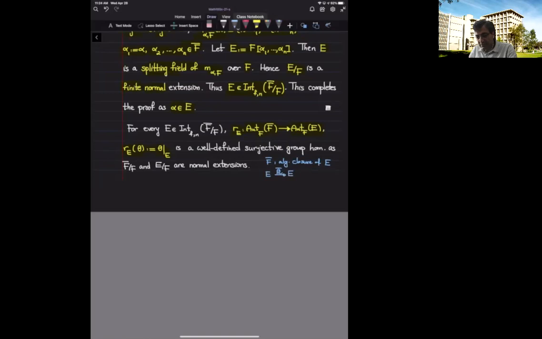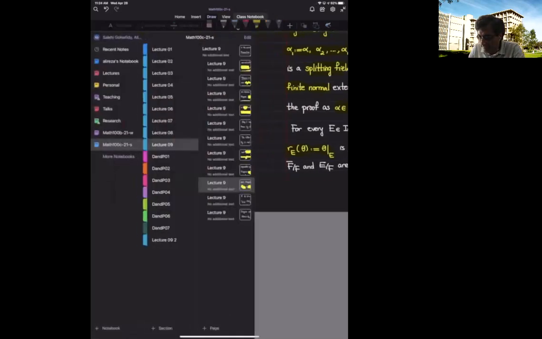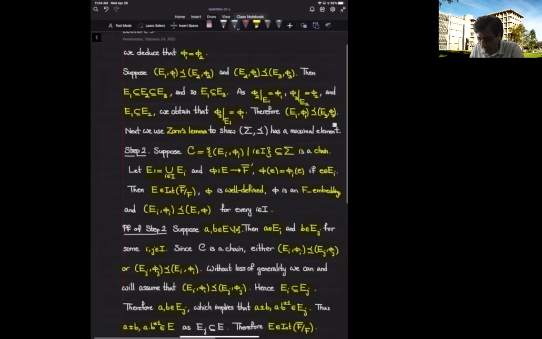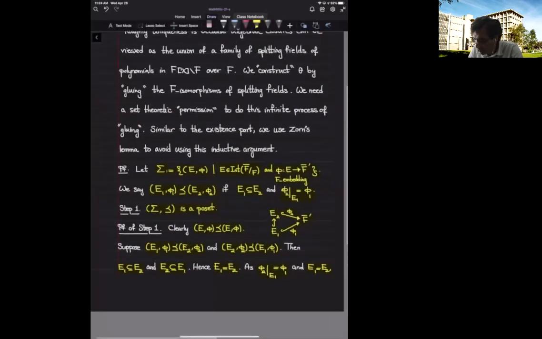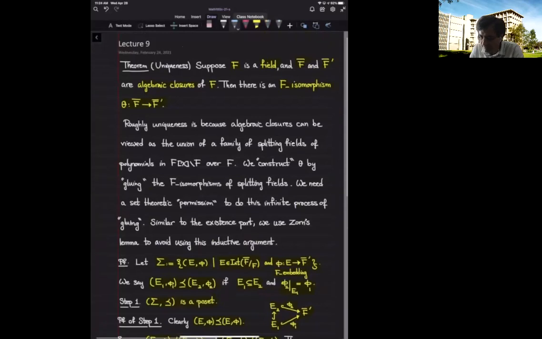This uniqueness result that we proved over here, I'm not going to redo it again, but you can use this line of argument and in fact prove this more general statement.